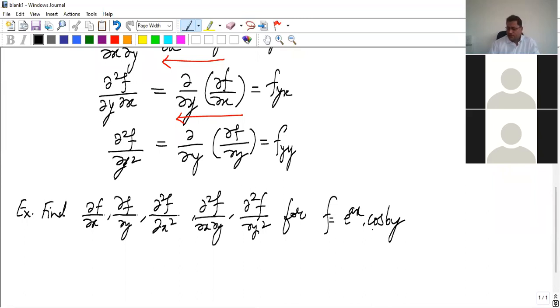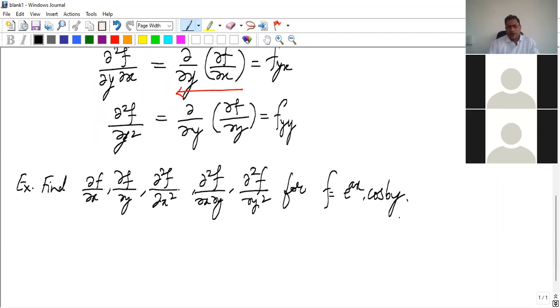This is going to be a function, and we have to find the first order derivatives of this function and the second order derivatives of this function. One by one we'll try to find them.